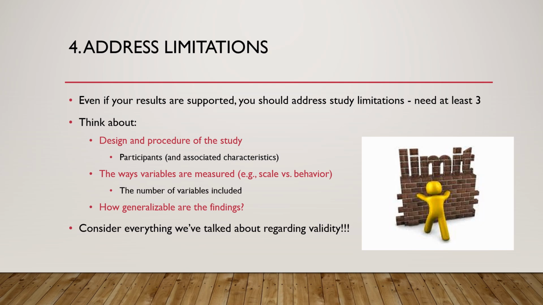You can talk about the way variables are measured, so the actual measurement of the scales and behavior. You can talk about the number of variables. You can talk about the test and retest if there was any, and then how generalizable are the findings, so that external validity there.